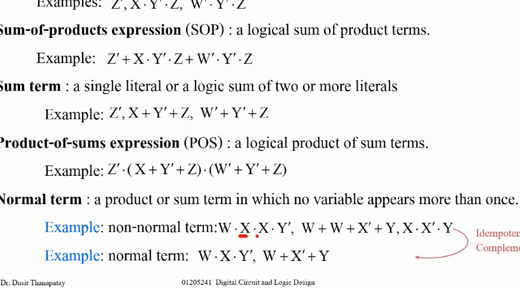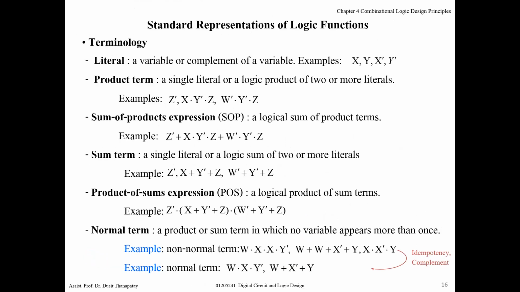For example, you don't write x two times. You write x only one time, or w, or x prime, or y. For a normal term, we write each variable only one time. So this kind of expression is called a normal term.